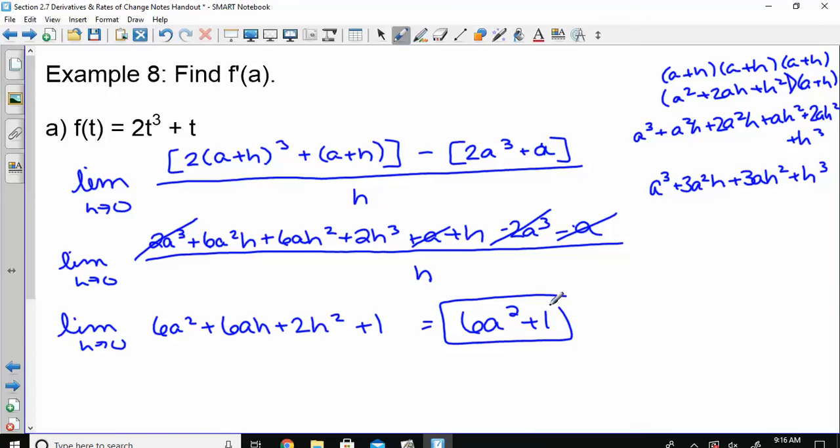Which gives us 6a squared plus 1. Lots of fancy algebra here. Let's do one more and then we may stop for today and save the last couple for tomorrow.